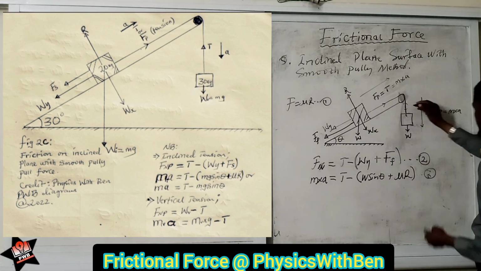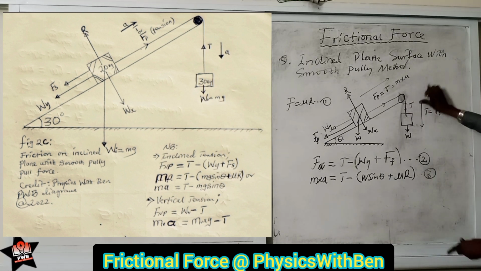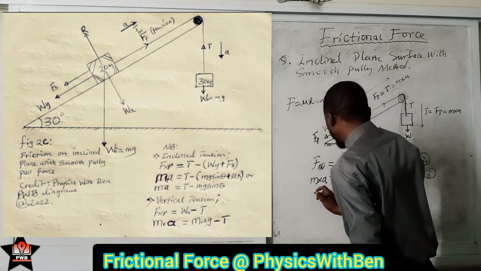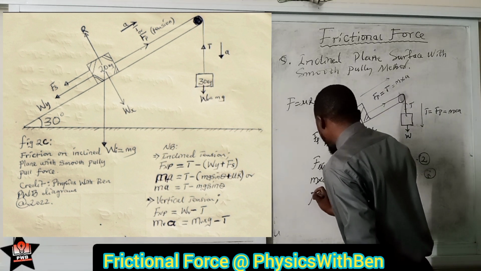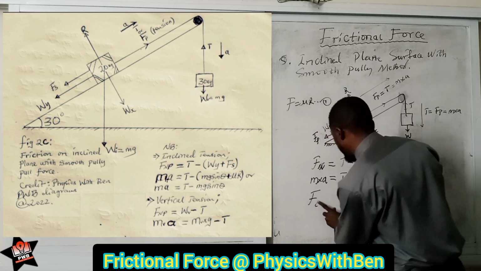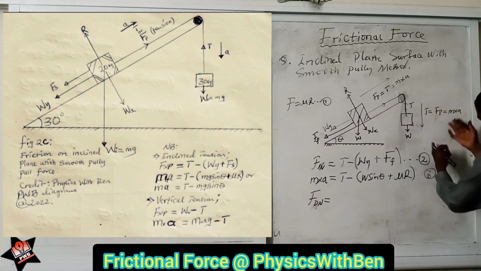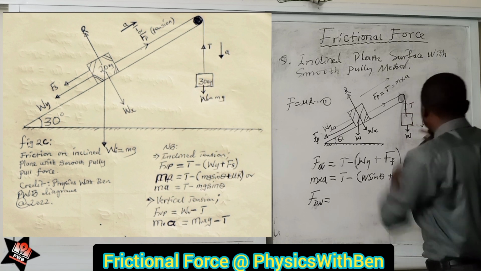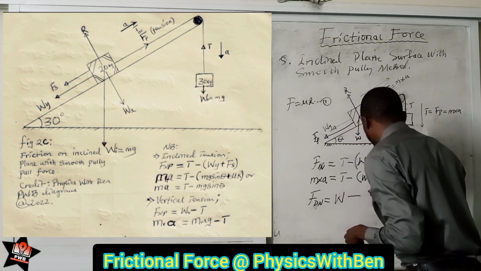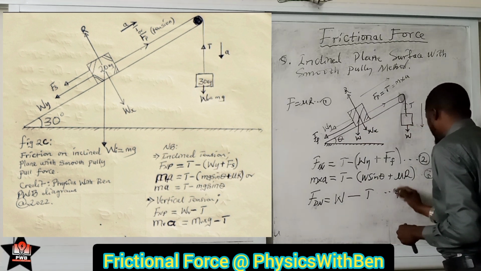What do we have here? There's a tension here, and that tension is equal to this. So we write that our total downward net force here is equal to this weight minus this tension. We call this our equation number 4.